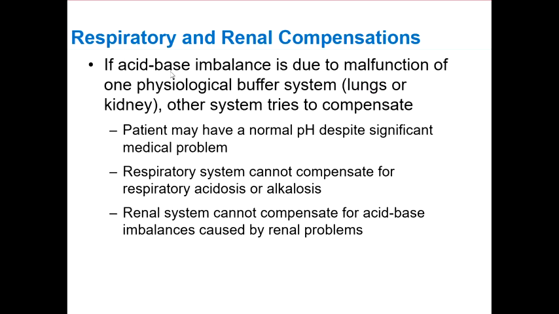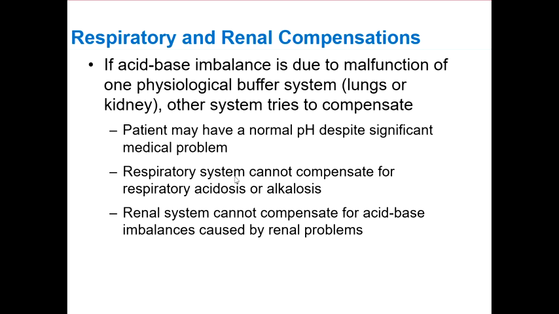Now, if we have an acid-base imbalance because one of the systems is malfunctioning, we went through 3 buffer systems, but we're talking about lungs or kidneys, because the chemical buffers are happening all the time. So respiratory or renal: if there's a malfunction of one, the other one will compensate, and vice versa. So a patient may have a normal pH even with a respiratory problem or a renal problem because the other system is taking over.